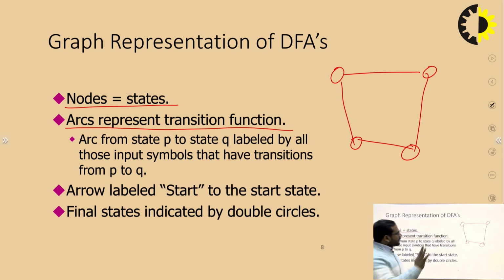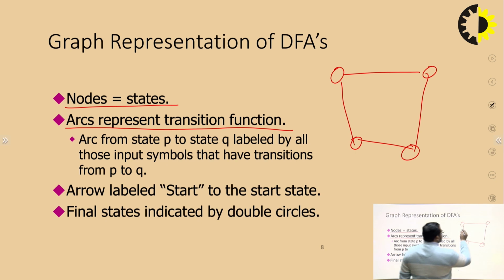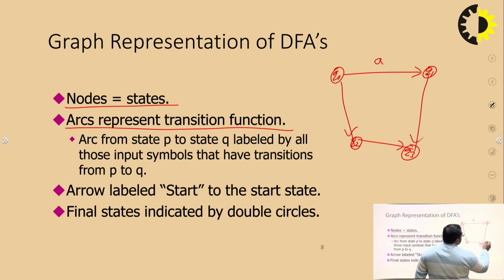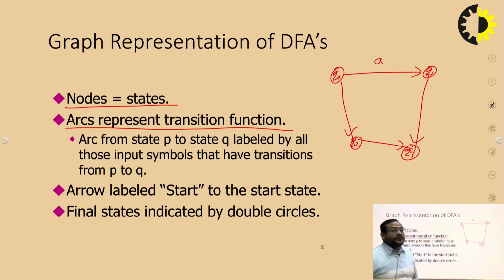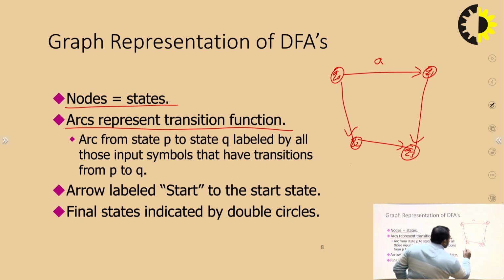For example, suppose this is q0, this is q1, this is q2, this is q3, and this is a directed graph. I am writing only one function, so I can explain one transition function here. How does this arc represent a transition function?